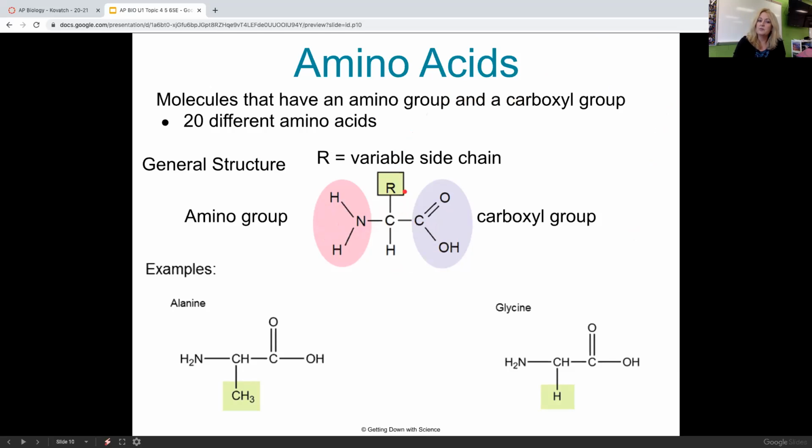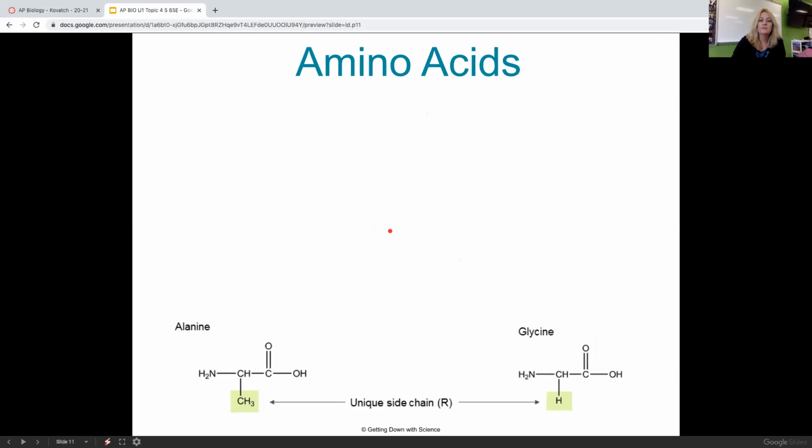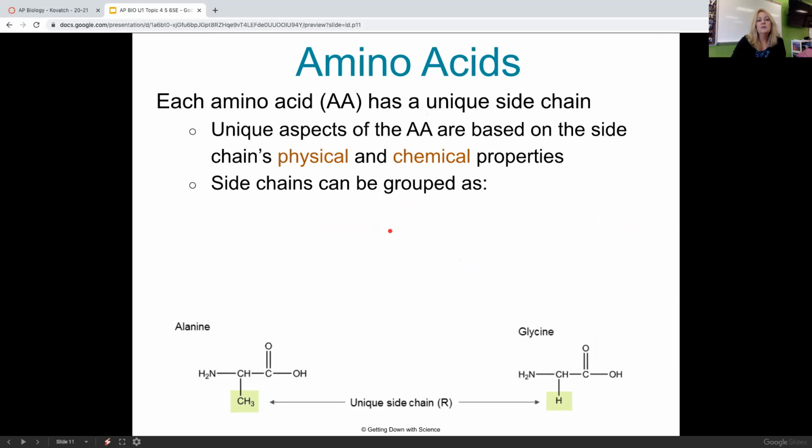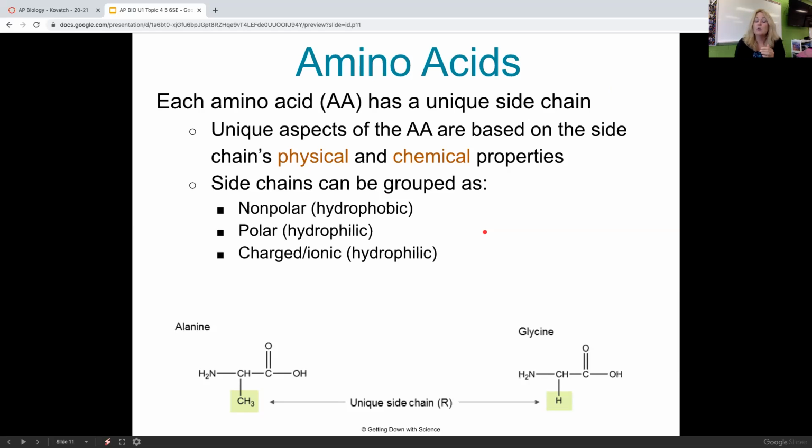This R group is what varies. So the unique side chains will help the folding of the protein into that 3D shape. Unique aspects of the amino acid are based on the side chain's physical and chemical properties. The side chains are all grouped as nonpolar, polar, or charged.